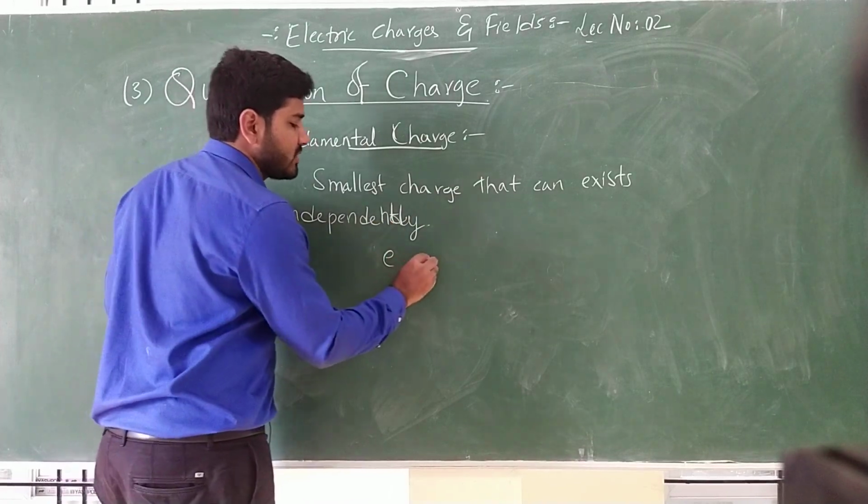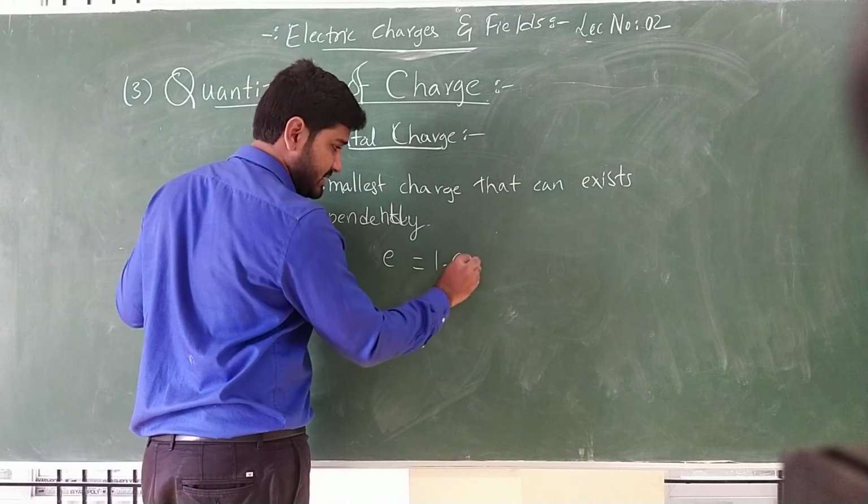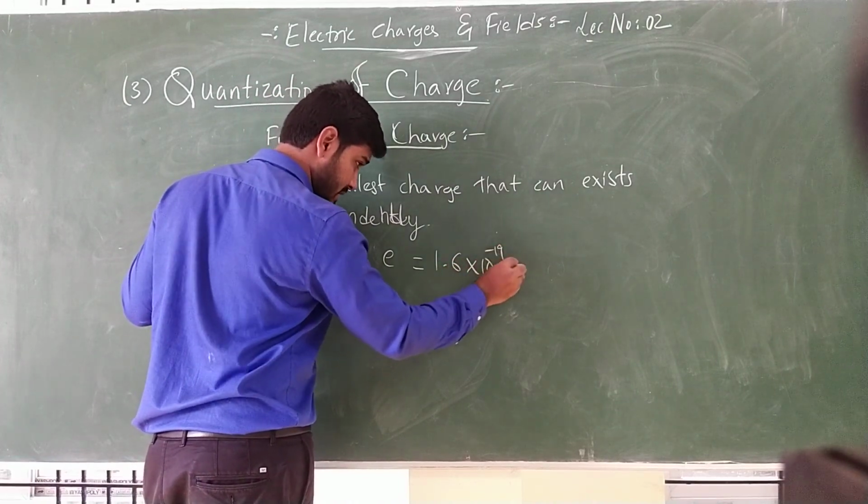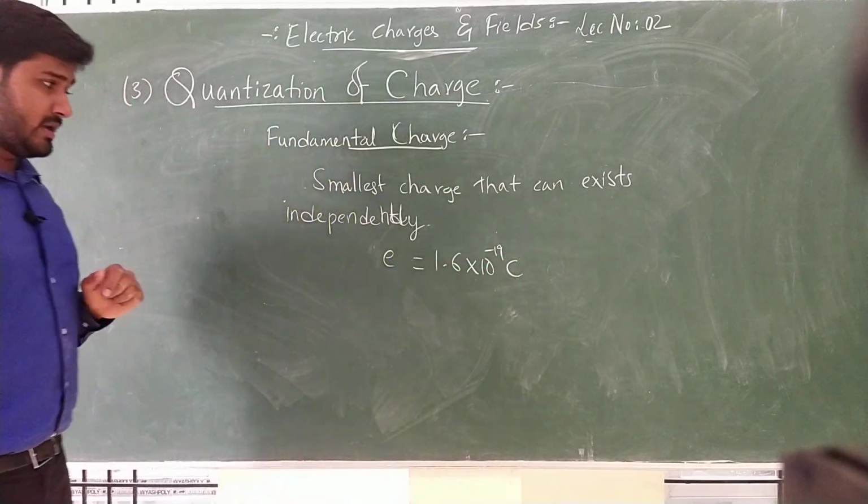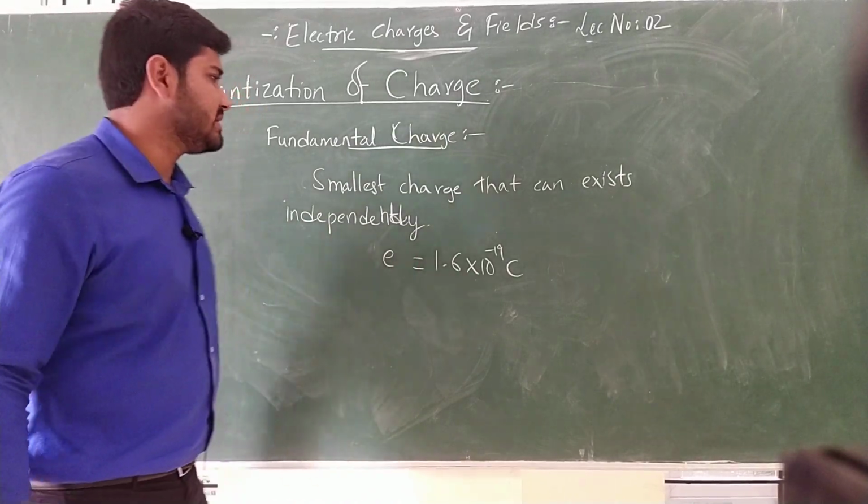It is the charge on the electron, which is 1.6 into 10 raised to minus 19 coulomb.